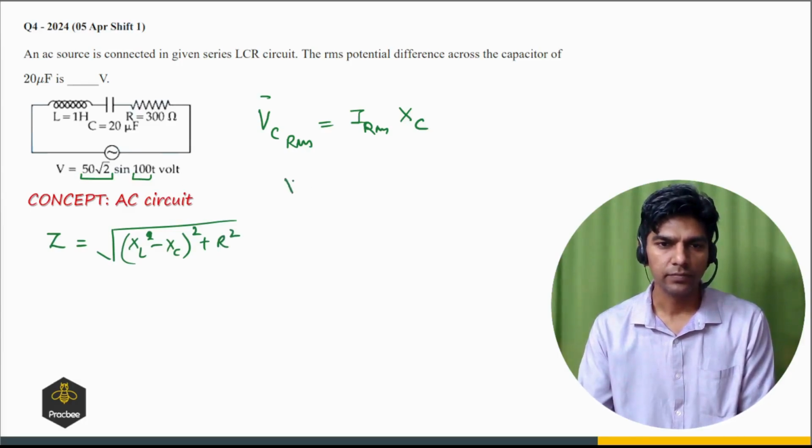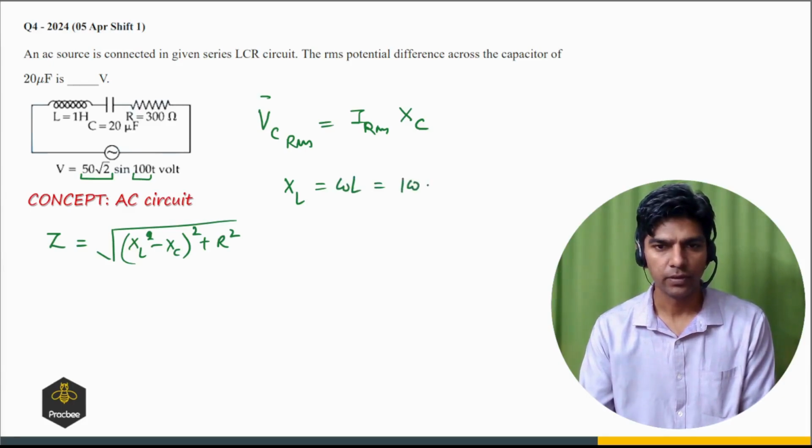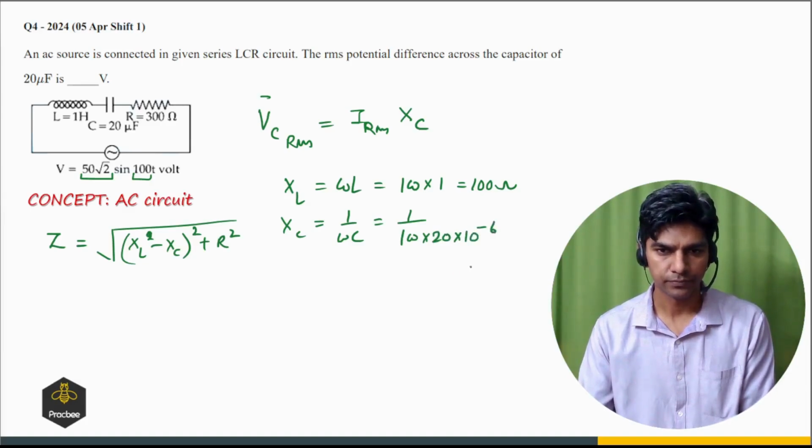So what is XL? XL will be omega times L, and omega is given as 100. L is given as 1, so that will be 100 ohms. And XC will be 1 by omega C, so that will be 1 by 100, and C is given as 20 microfarad. So this will be 100 times 100 by 20, so it will be 500.